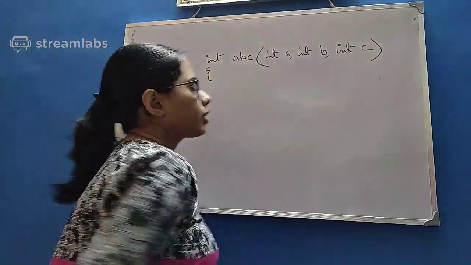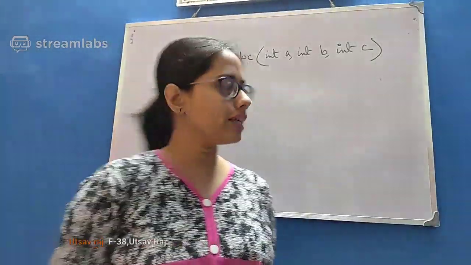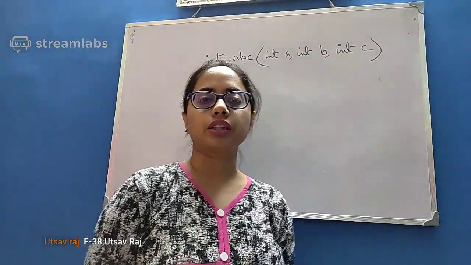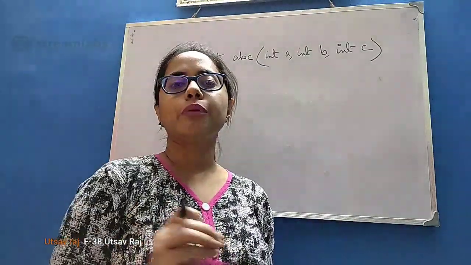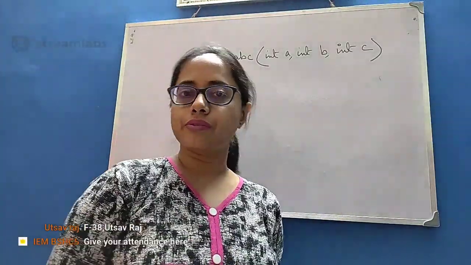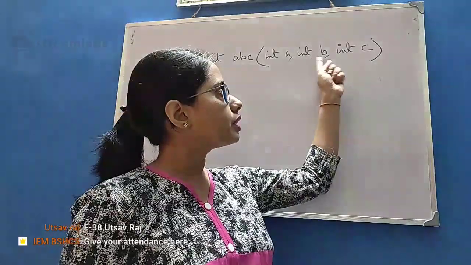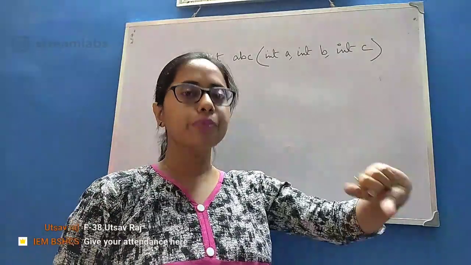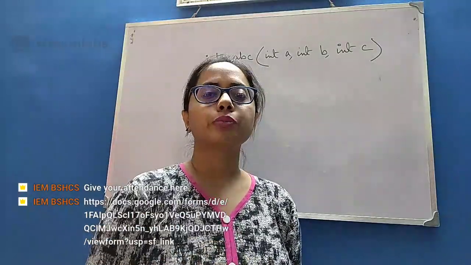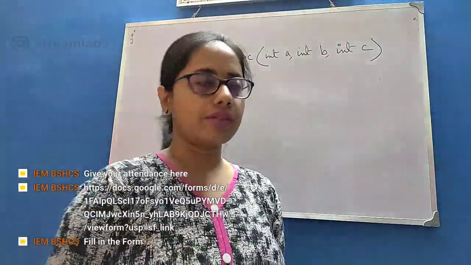I have named the function abc, and I have passed three parameters to the function with the names a, b and c. So these three are nothing but the formal arguments, if you remember. Whatever we write over here, the variables depicting the arguments in the definition of the function, those variables form the formal arguments.